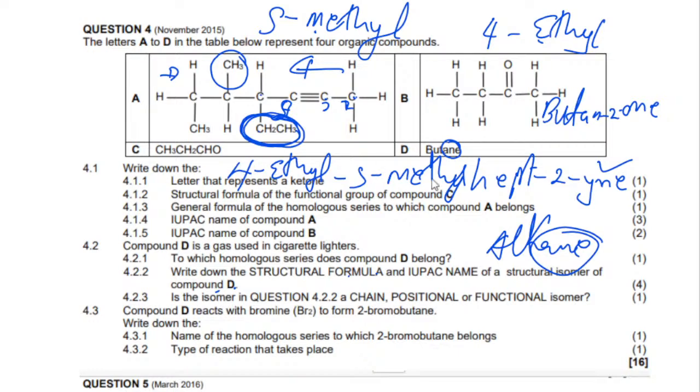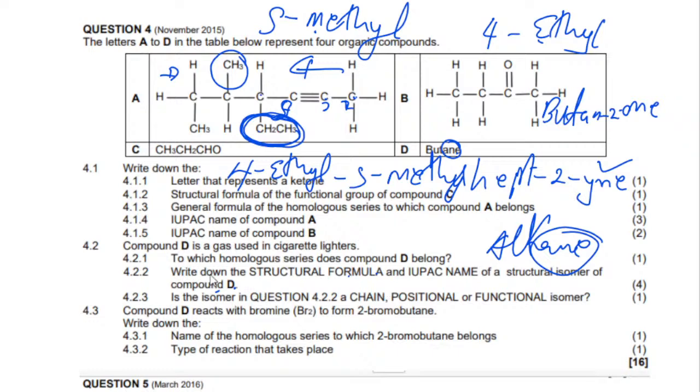Compound D is butane. But they want the structure formula and the IUPAC name.